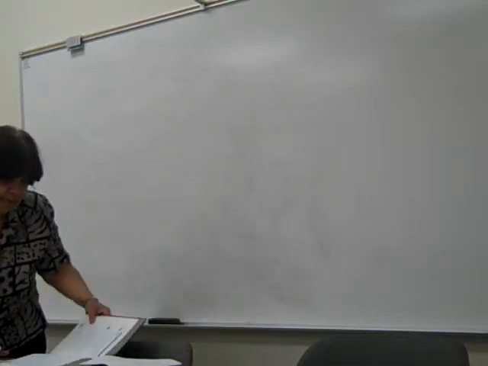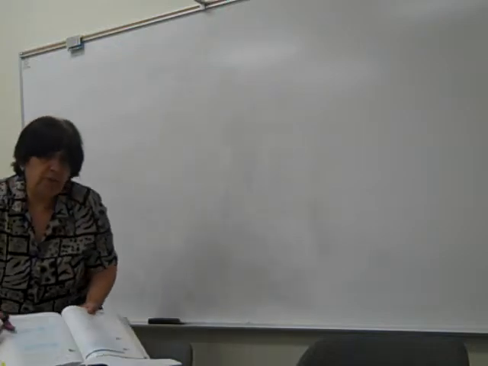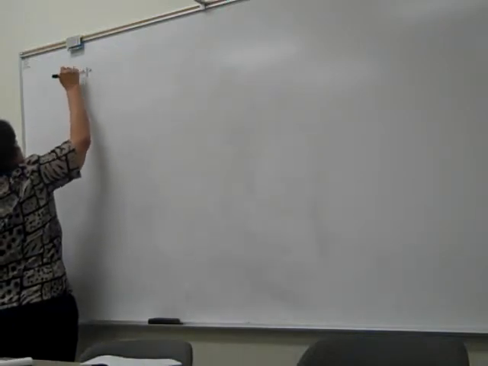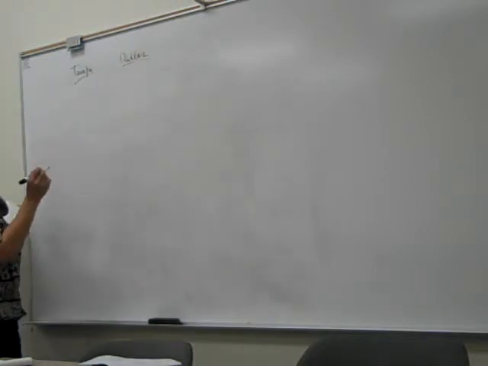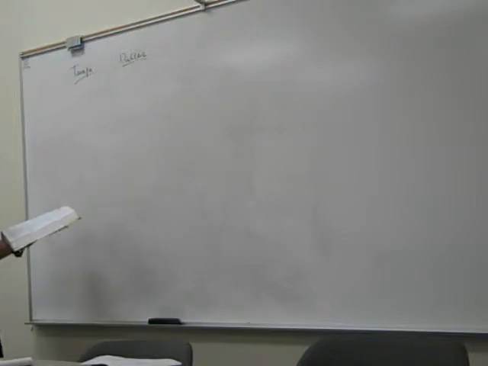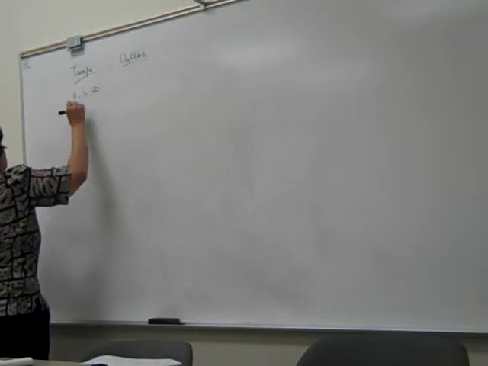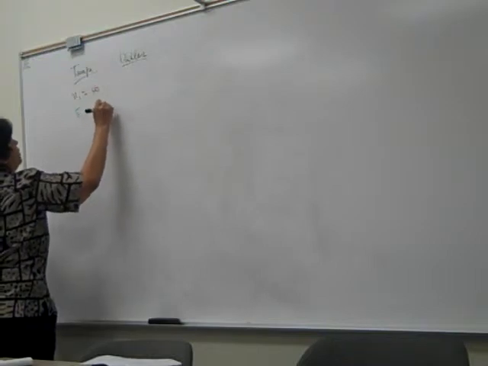Problem 14 says, are nursing salaries in Tampa lower than those in Dallas? So we're going to compare Tampa, Florida and Dallas, Texas, the nursing salaries. We have in Tampa, n1 is equal to 40, x1 bar is equal to $56,100.